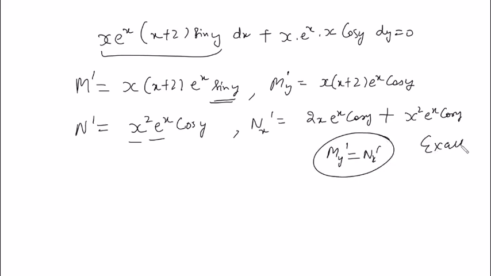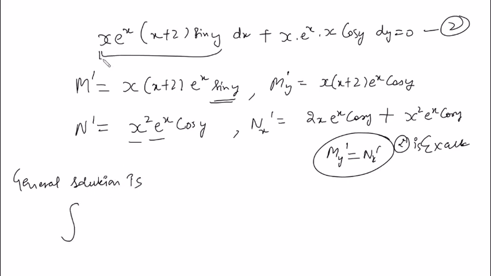So if I call this equation 2, so equation 2 is now exact. So I need to just write now the general solution. So the general solution is this complete, yes. So this is my n.